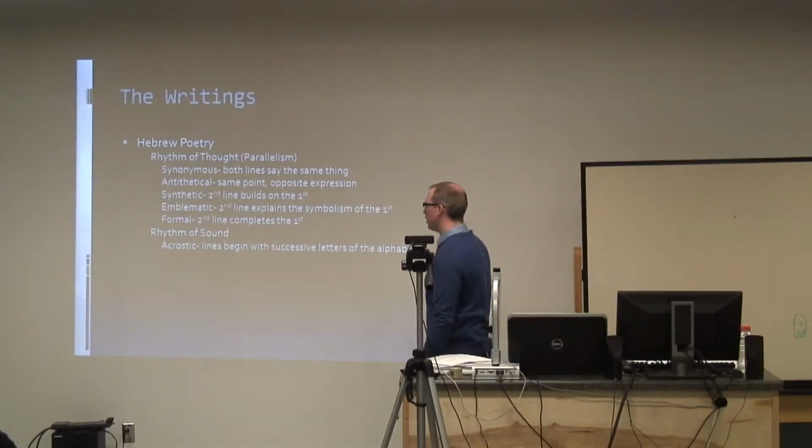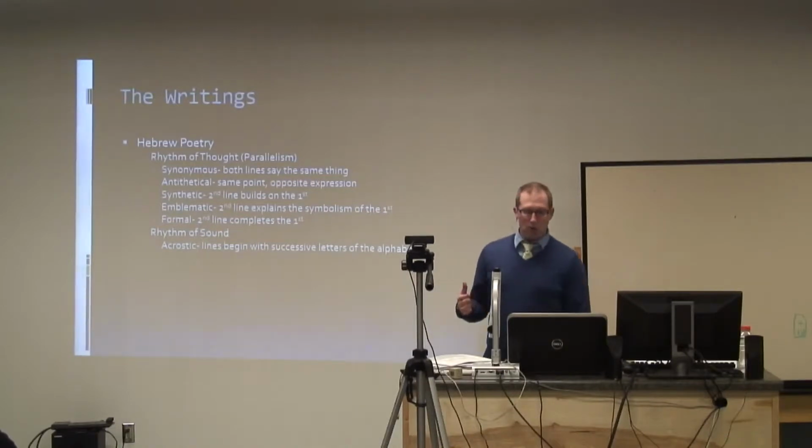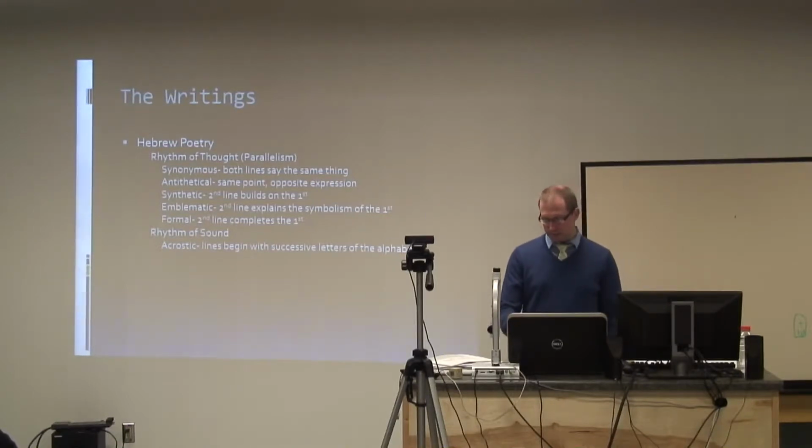The first is via an acrostic. In an acrostic, the lines of the poem begin with successive letters of the alphabet. The best example of this is Psalm 119. This is a great big acrostic.